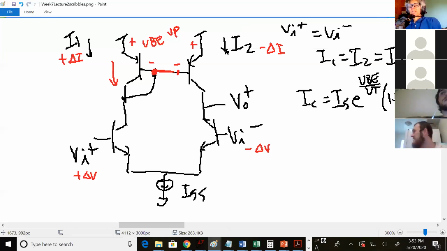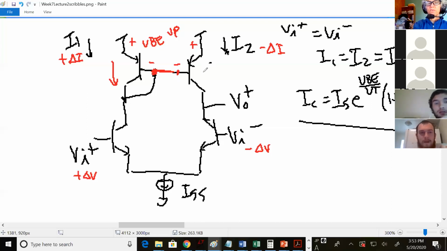Just looking at the left side here, let's look at this equation in terms of this transistor right here. What happened to the VBE of this transistor? Went up.